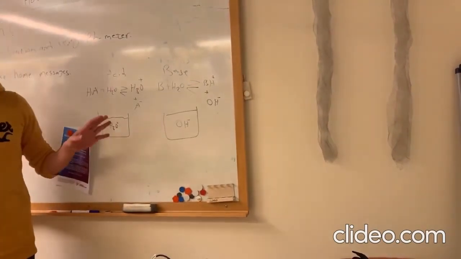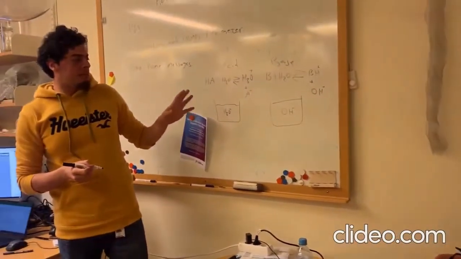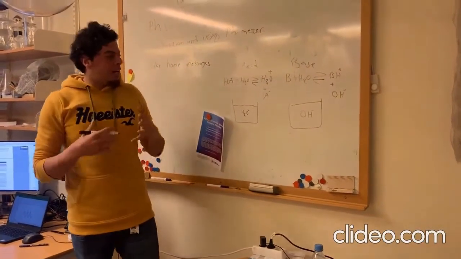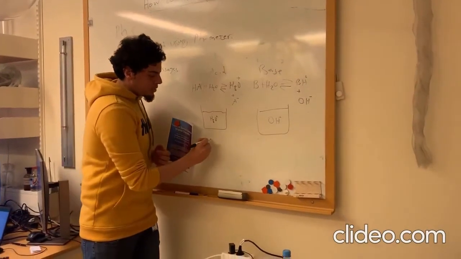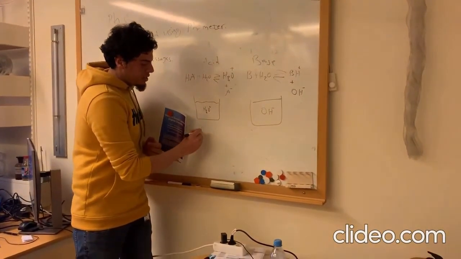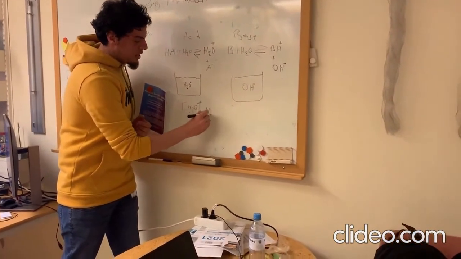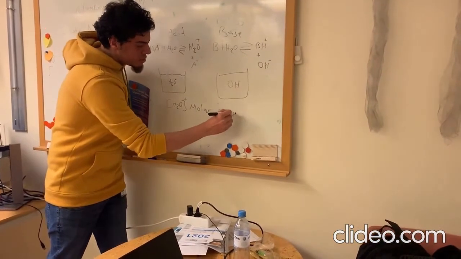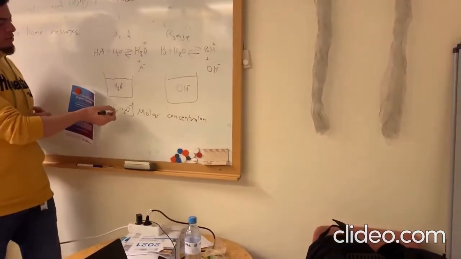Now, the amount of OH minus or the amount of H3O plus is the representative of the acidity or basicity of that solution. In practical chemistry, we use the molar concentration of H3O plus, which describes the amount of moles present per liter of this ion.